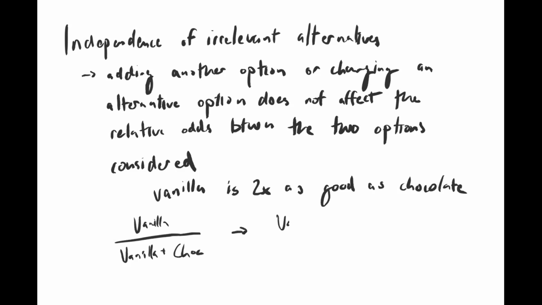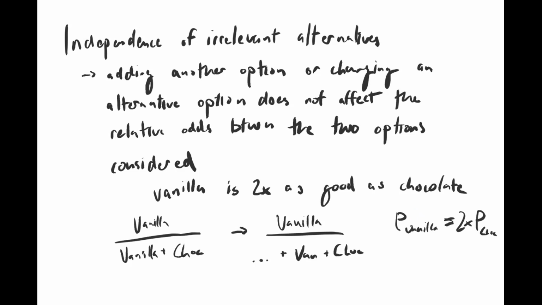And even as I add in a whole bunch of other choices, the probability of vanilla, no matter how many other choices there are, is going to be equal to 2x the probability of chocolate.